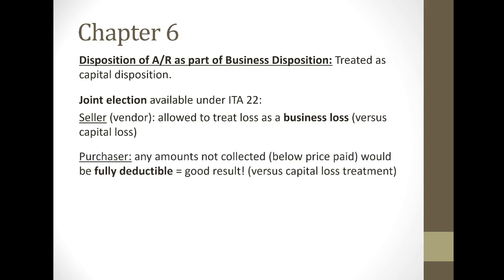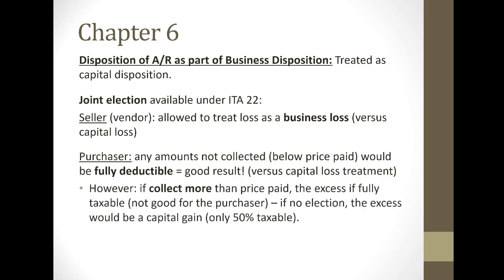Now from the purchaser's perspective, if they agree to this joint election, then they pay a certain amount for this amount of accounts receivable. If they collect below what they paid, then they get to treat that full amount as a loss as well, as an expense, and that's fully deductible. Now that's a good result versus treating it as a capital loss, once again, only 50% deductible against taxable capital gains.